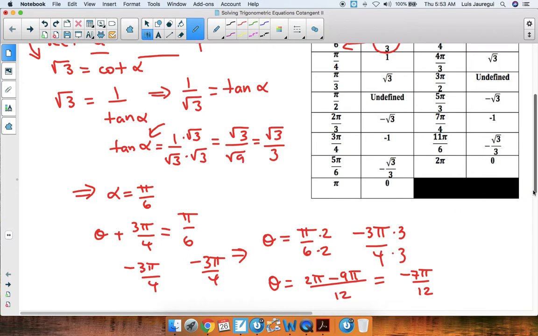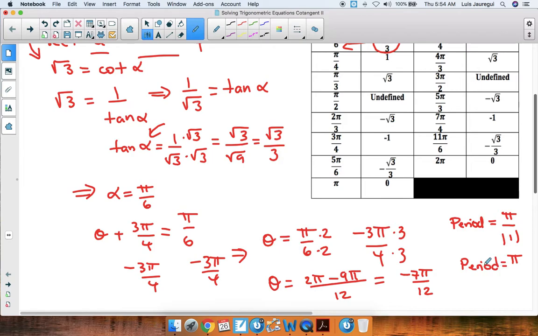So what we're going to do is to use the fact that our function in terms of theta has a period of the regular period of tangent, which is pi, over the absolute value of the coefficient of theta, which is 1. So really the period of this new function is pi over 1, which is just pi.